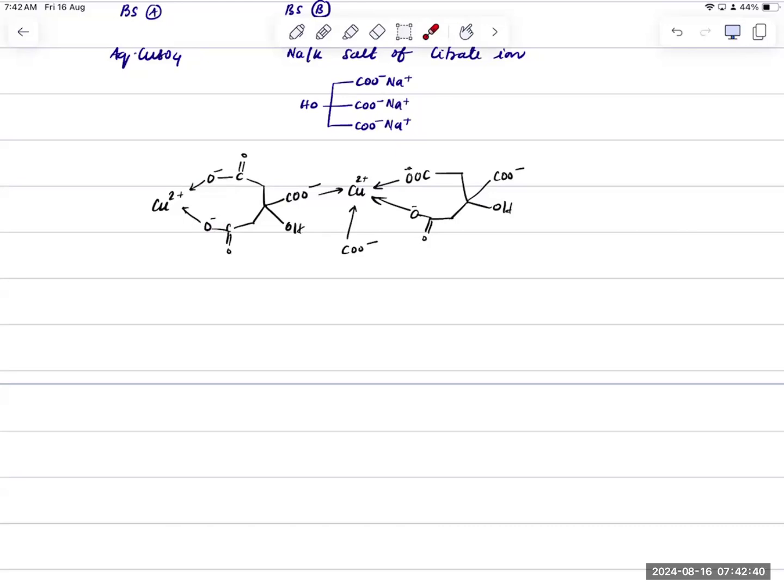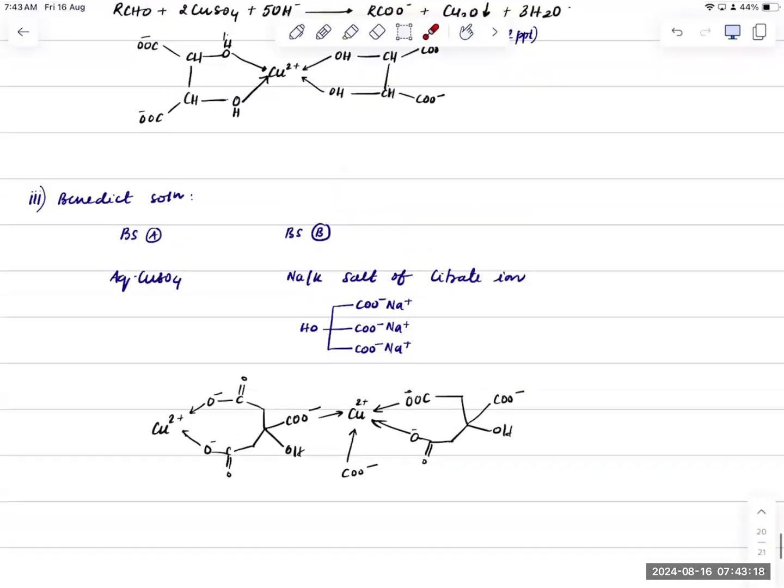Sometimes it is asked how many connections citrate can give. Every citrate which has CO minus, CO minus, and CO minus, all of them are making a connection on all three sides. Got it? But not to the same copper. It will be to different copper. Two at a time will give connection to one particular copper like that.